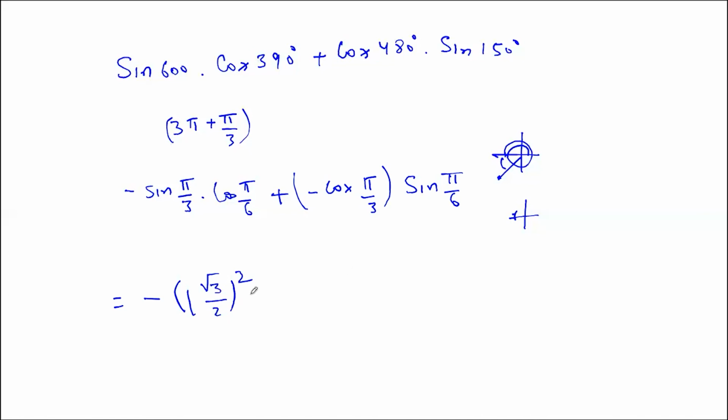So we get the square of that number, 1 by 2 the whole square. So overall we are getting 3 by 4 plus 1 by 4, which is 1, and with the minus sign, overall we are getting the value minus 1, right?